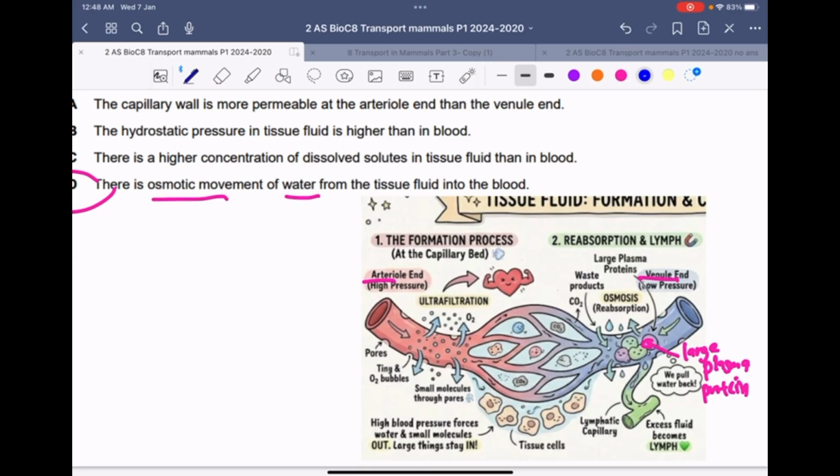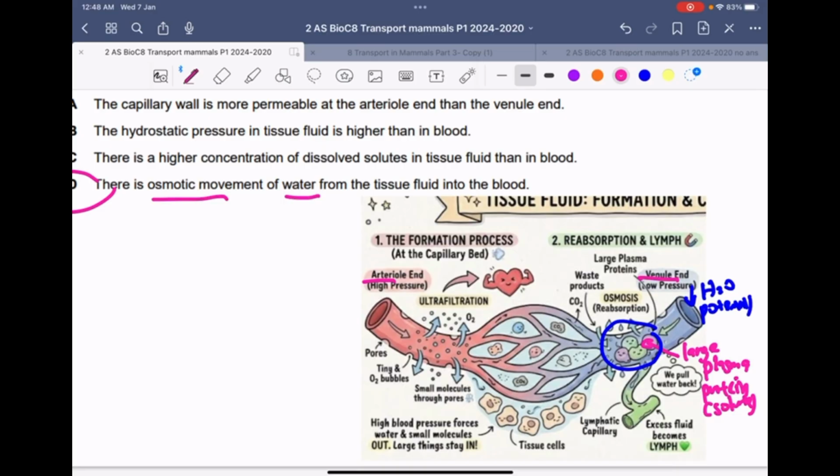It will cause this side to become very low in water potential. Low water potential because there is a high concentration of plasma protein. Plasma protein is a kind of solute. Because you have more solute than water, it will reduce the water potential.